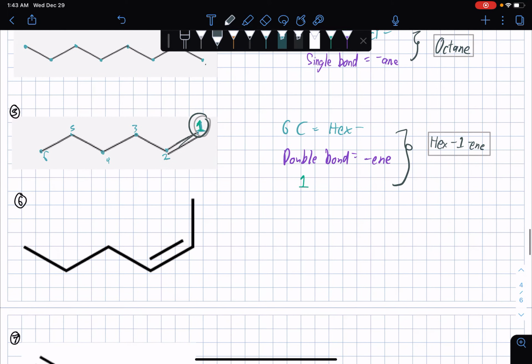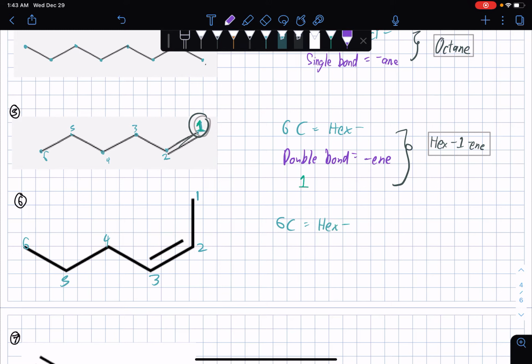If that seems unclear to you right now, let's move on to number 6. We know that this starting line here is near to the double bond we have over here. So 1, 2, 3, 4, 5, 6. All right. We have 6 carbons, which is equivalent to hex.